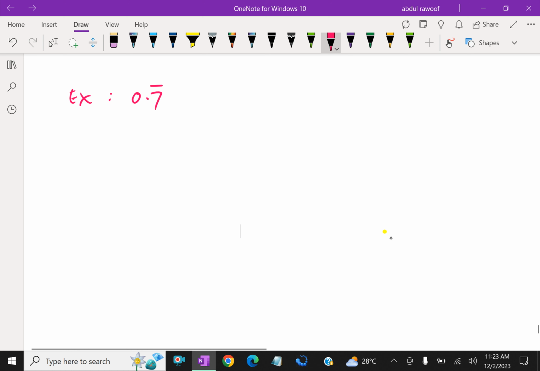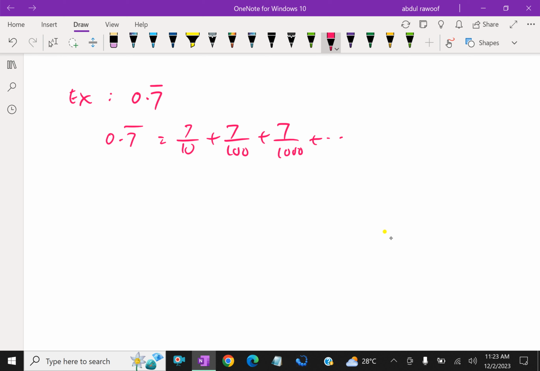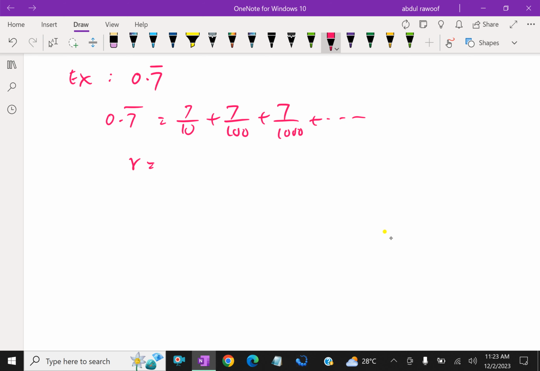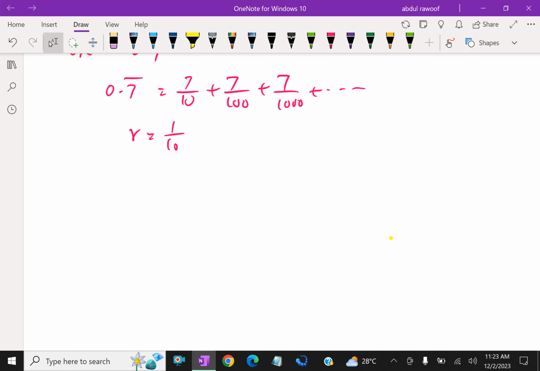We know that 0.7 is 7 over 10 plus 7 over 100 plus 7 over 1000, and so on, where r equals 1 over 10 and the initial term u1 is 7 over 10.